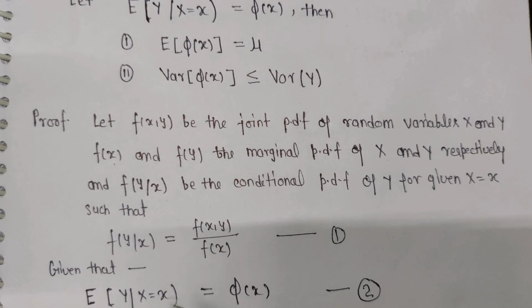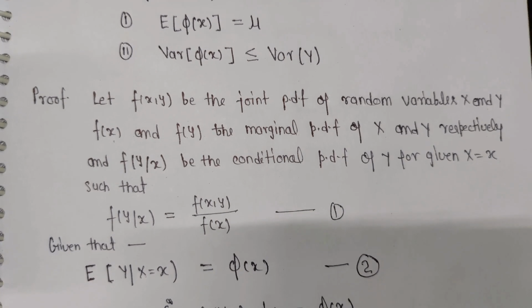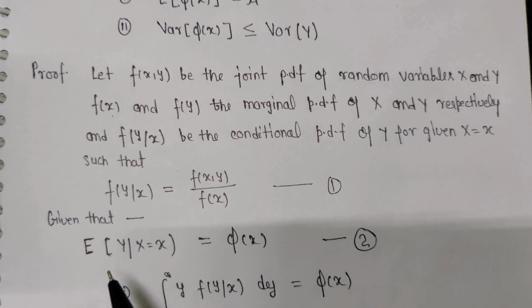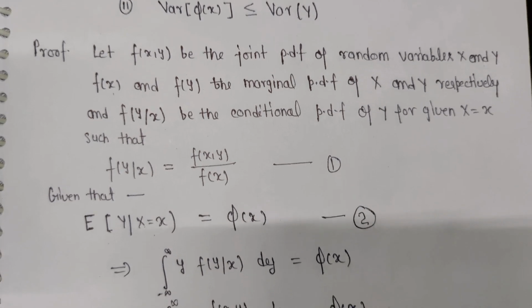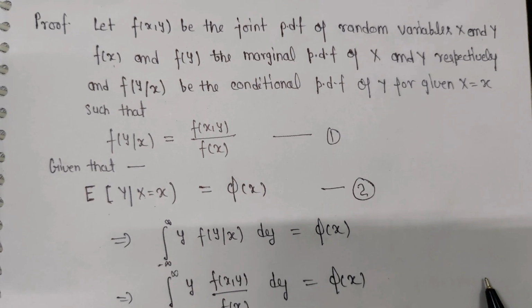We know that this is the formula for conditional density, and given that the expected value of Y given X is equal to phi(X), we can define this expected value of Y given X by using the expectation definition.